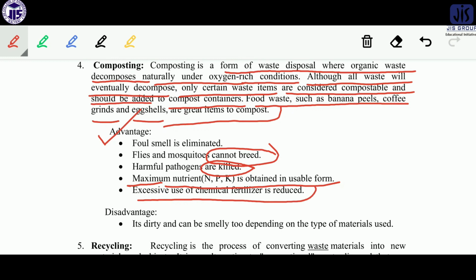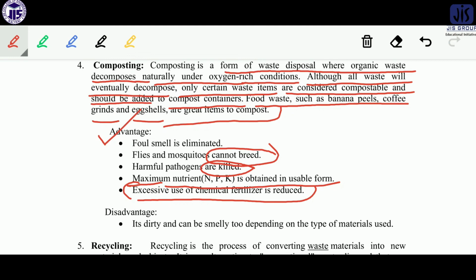So actually composting means the conversion of biodegradable solid waste materials into fertilizer. This is the conversion. So if biodegradable solid waste is converted to fertilizer, then obviously the utilization of chemical fertilizers will be decreased, isn't it?